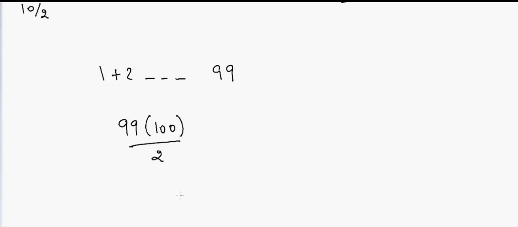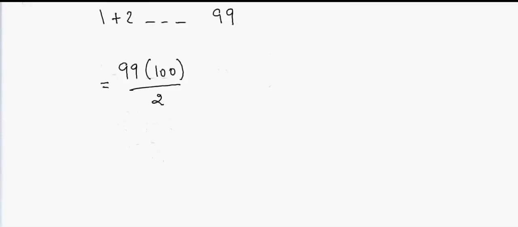Now if we have to add 1 plus 2 until 99, the answer will be equal to 99 into 100 divided by 2. If I have to do the same thing until 100, then I can do the same.